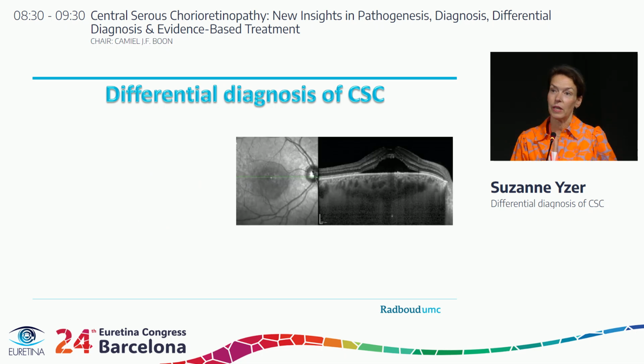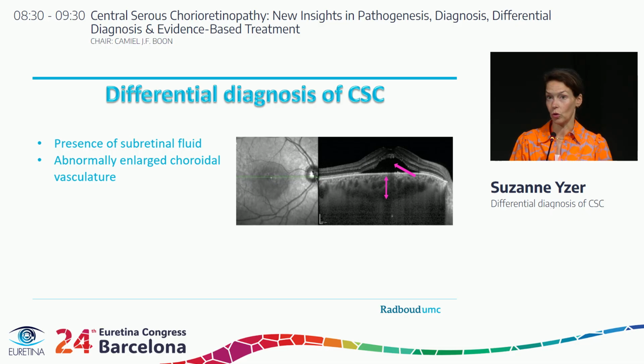So when we look at central serous, like Camille just pointed out, the things we look for are the presence of subretinal fluid and abnormal choroid or choroidal changes, and certain specific findings on FA and ICGA.